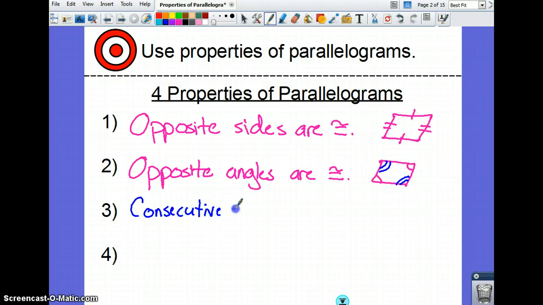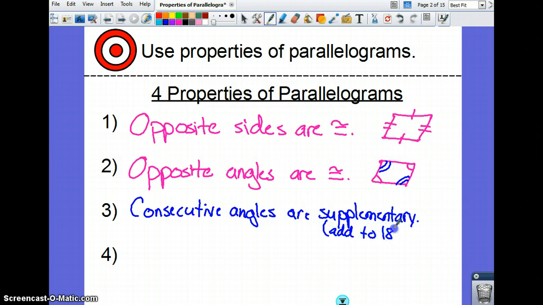So the consecutive angles are supplementary. Remember, supplementary means that they add up to 180. Supplementary means add to 180.